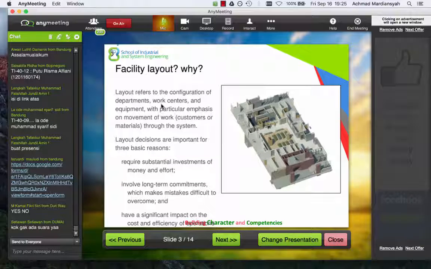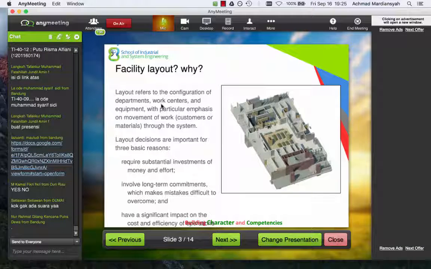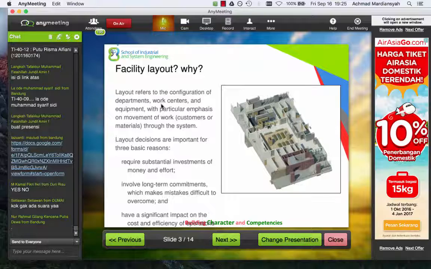Layout refers to the configuration of departments, work centers, and equipment, with particular emphasis on the movement of work, which can be customers, operators or materials through the system. Previously we talked about the production system, which is a system that is used for production.